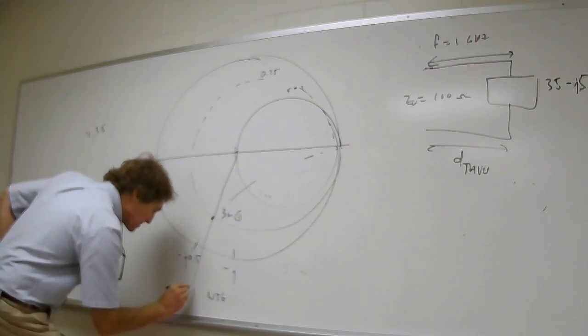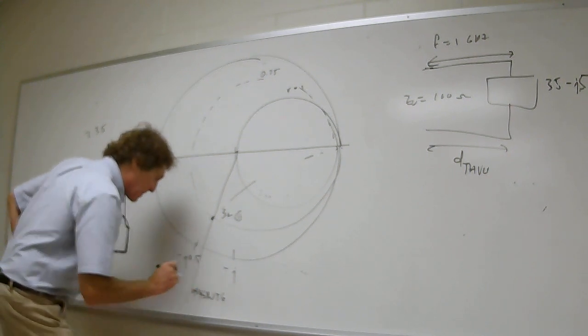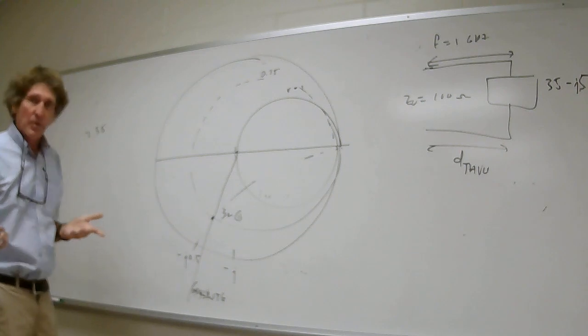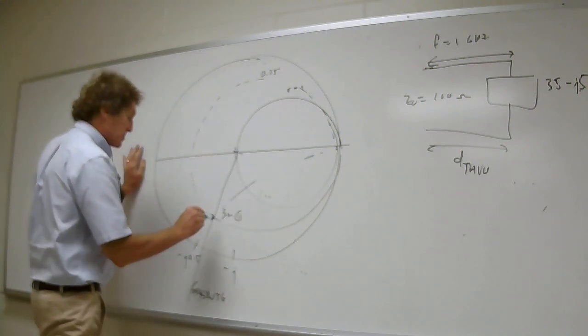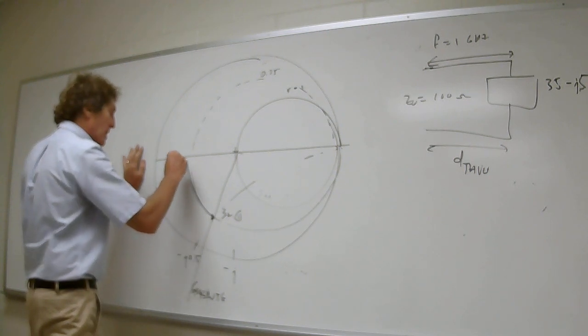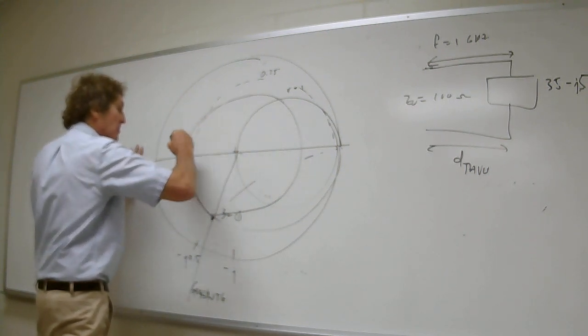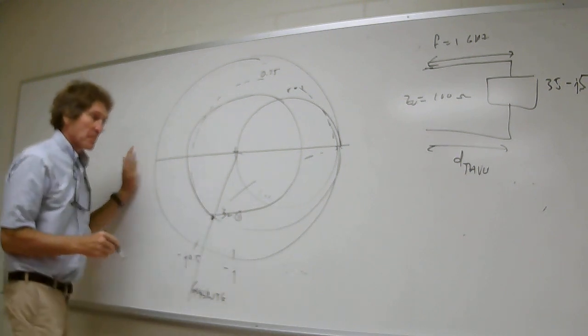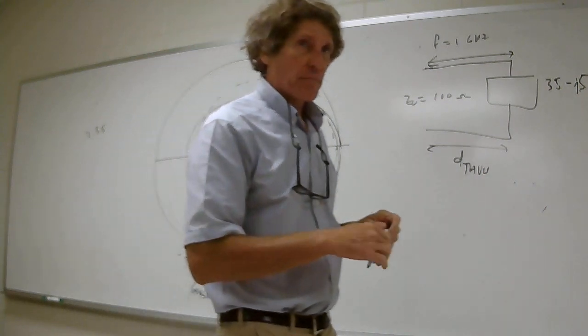So this is 0.4196 lambda right here. Now you need to take your compass and make a circle of constant impedance, or constant reflection coefficient. Just take your time and do it. You know what I'm up to, right?